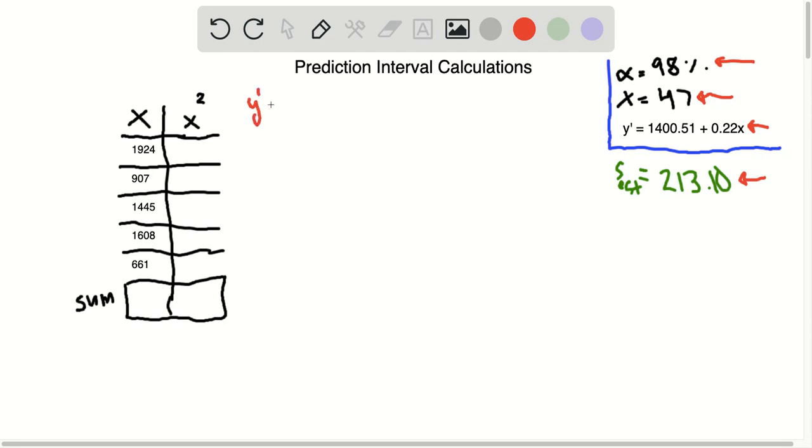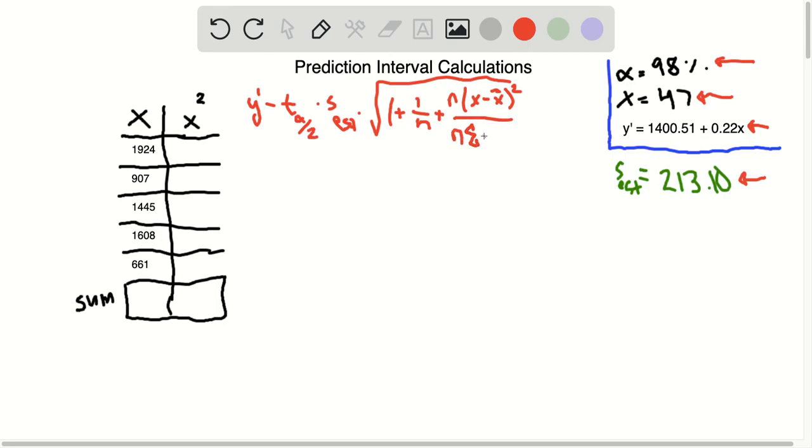It is our y prime minus the associated t value for our given alpha value and the degrees of freedom, multiplied by the standard error of the estimate, multiplied by a big square root of 1 plus 1 over n, where n is our sample size, plus n times x minus x bar squared, where x is our given x and x bar is the mean of x, divided by n times the sum of x squared minus the square of the sum of x.